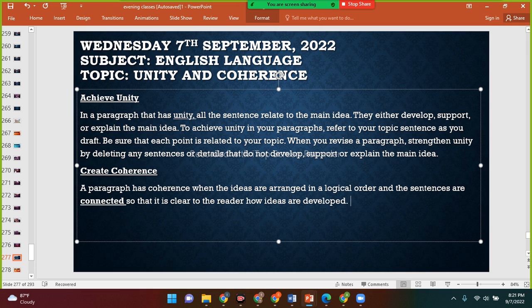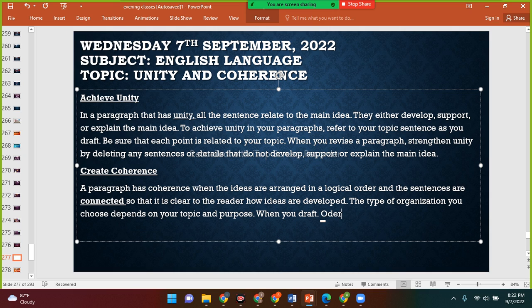The type of organization you choose depends on your topic and purpose. When you draft, order sentences.